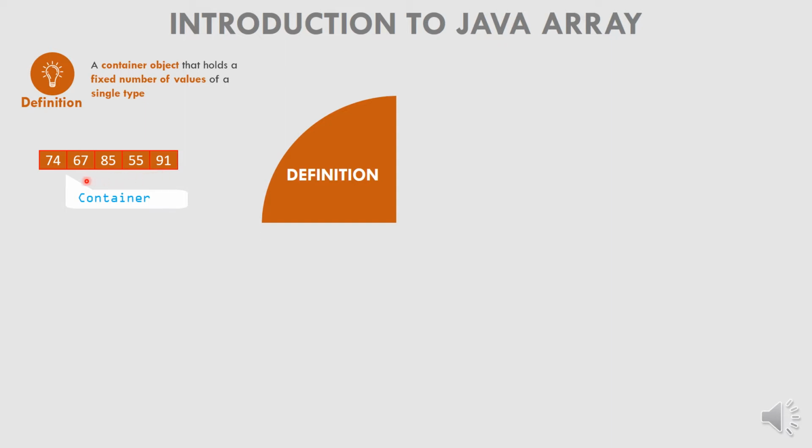The question is, how many data are stored in the container? 5. Then we say that 5 is the size of the array. I will explain more details in the topic of creating an array.